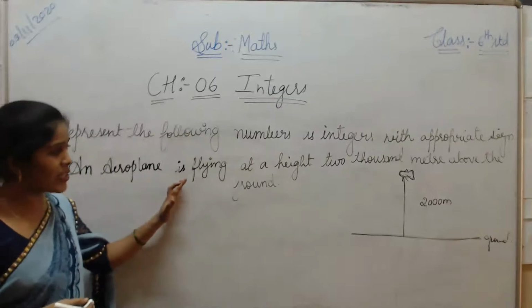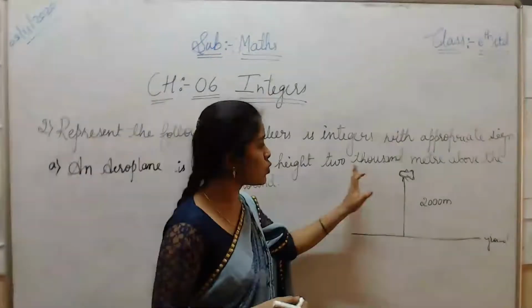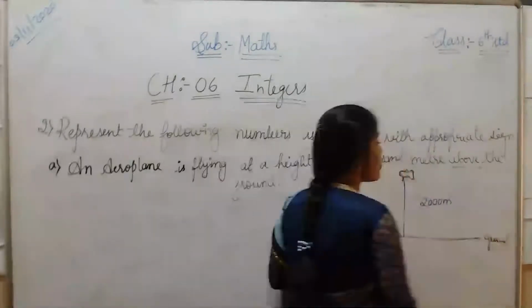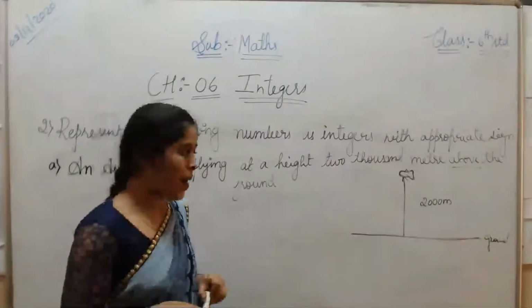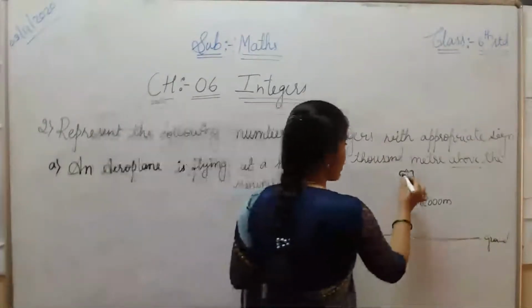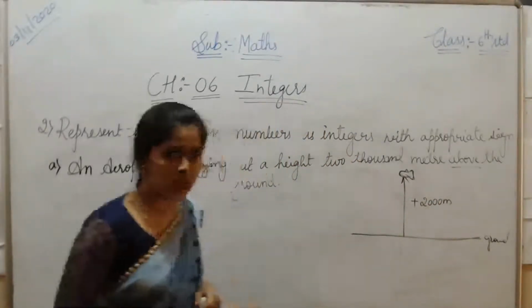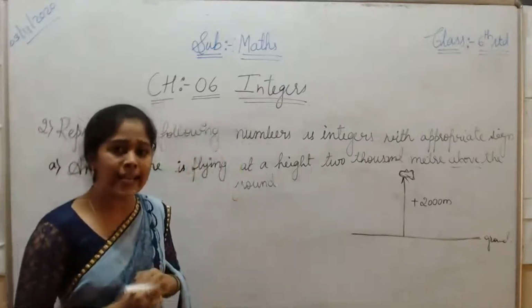An aeroplane is flying at a height of 2000 meter above. Above means upside or downside? Upside. So here we have to take a positive sign, because upside is all positive numbers and downside is all negative numbers.